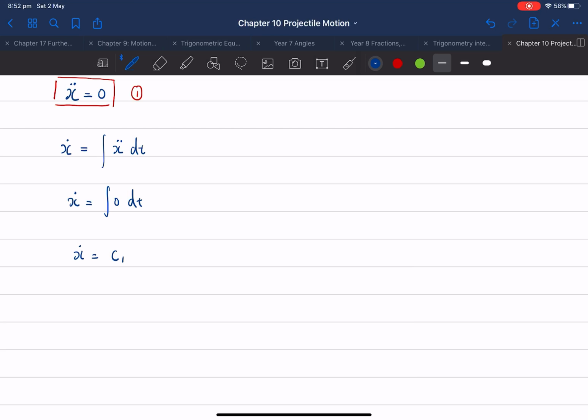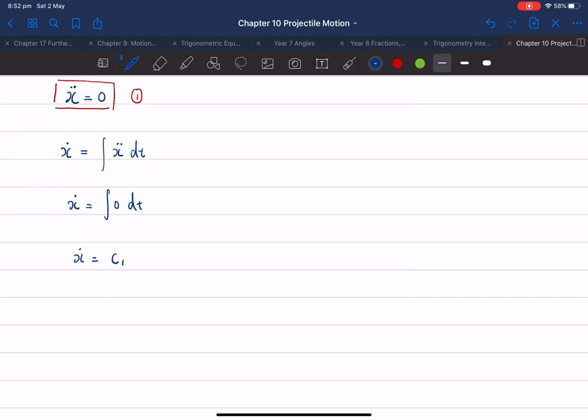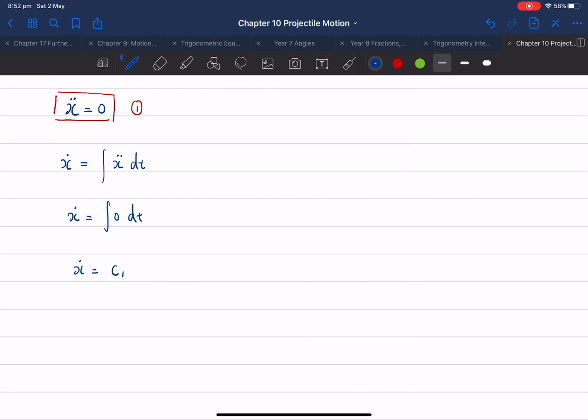Let's just put this as c1. So x dot is equal to c1. Now, what's c1? It is the horizontal component of the velocity.